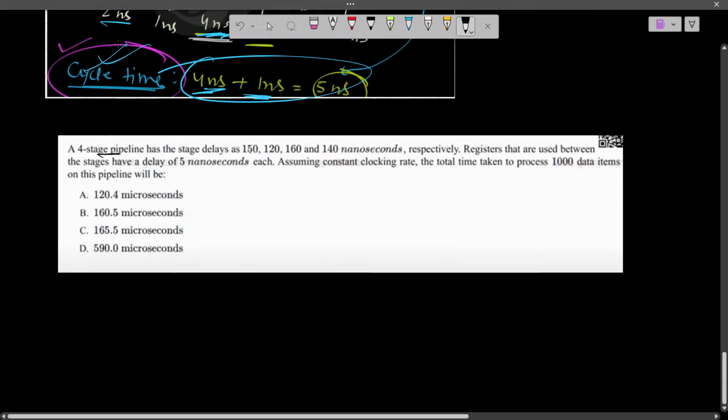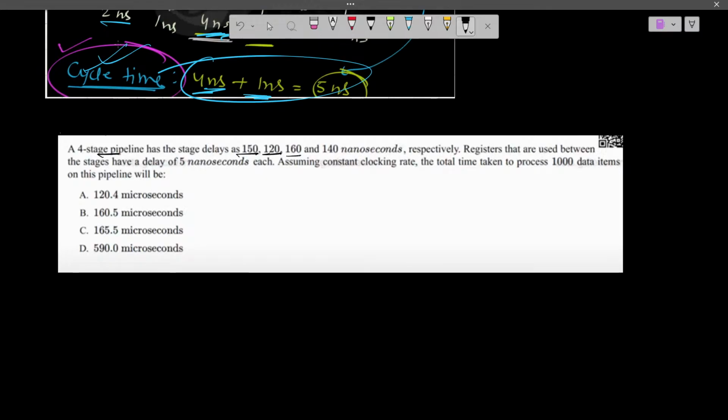So we have a 4-stage pipeline with stage delays 150, 120, 160 and 140 nanoseconds. Registers that are used between the stages have a delay of 5 nanoseconds each. Assuming constant clocking rate, the total time taken to process 1000 data items on this pipeline will be.